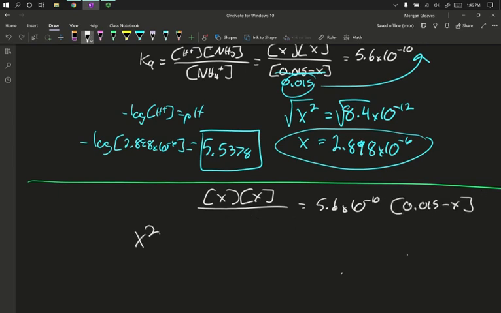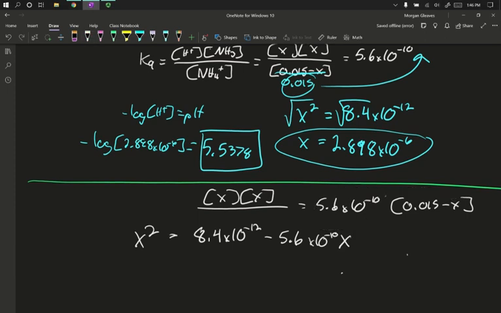I'm going to end up with x squared is equal to 5.6 times 10 to the minus 10 times 0.015, so 8.4 times 10 to the minus 12, but also times negative x. So minus 5.6 times 10 to the minus 10 x.